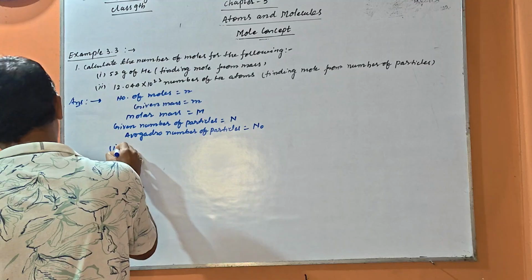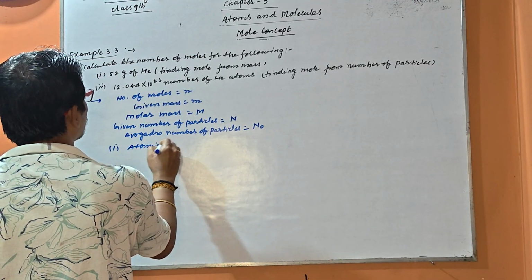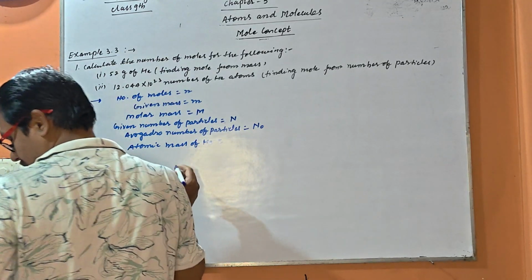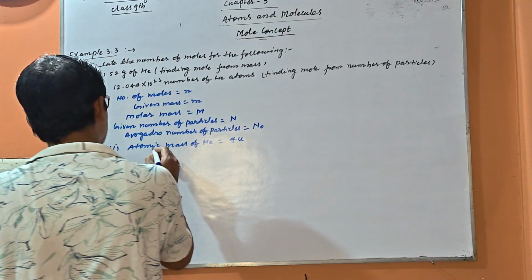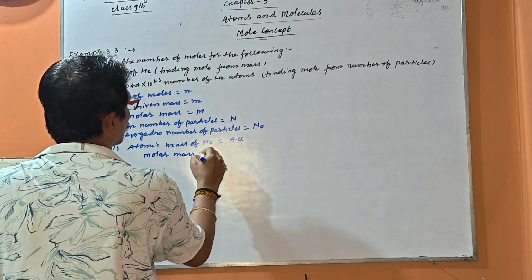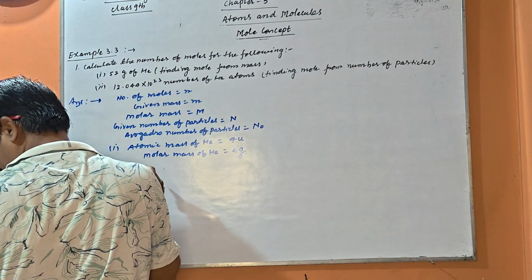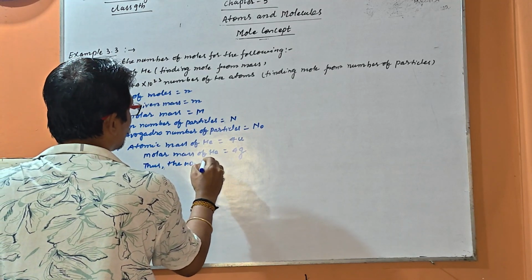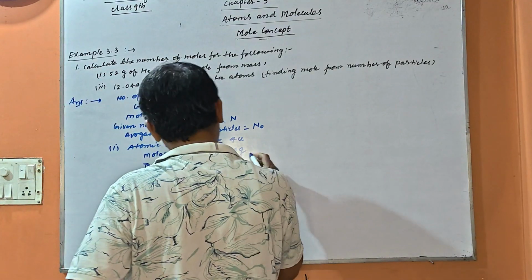So first, atomic mass of He is equal to 4 u, and molar mass of He is equal to 4 gram. Thus the number of moles is equal to given mass by molar mass.